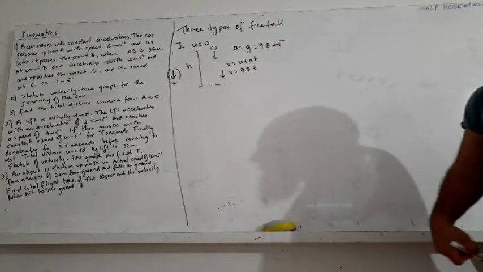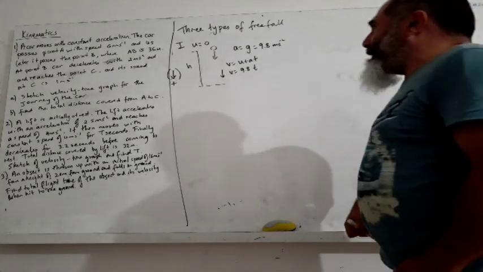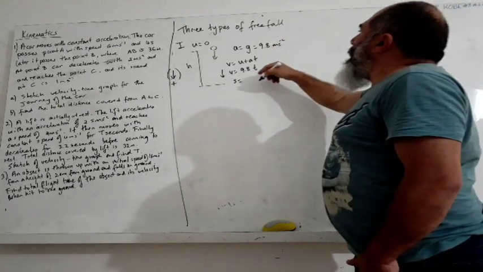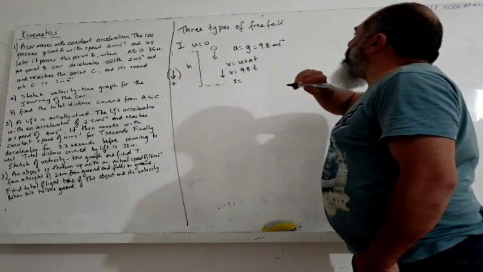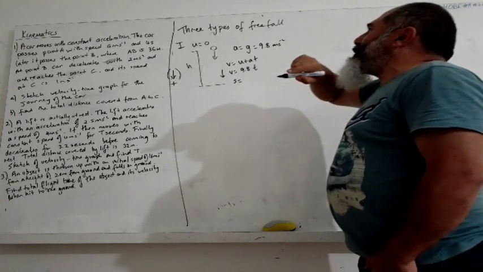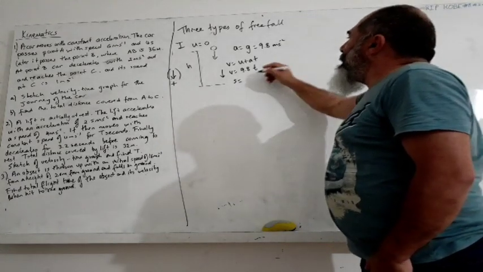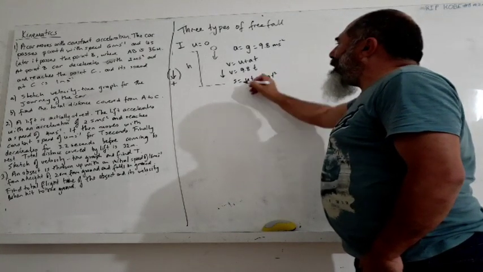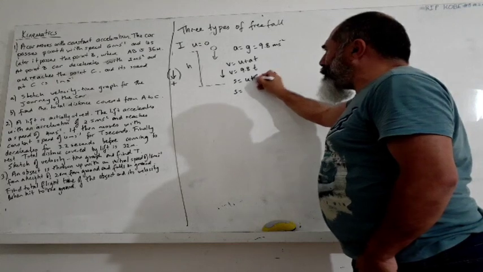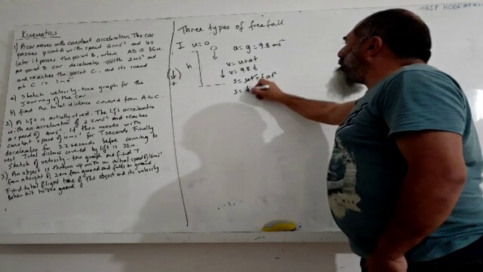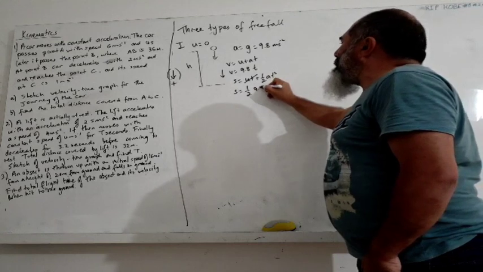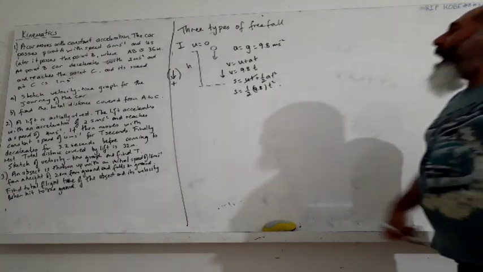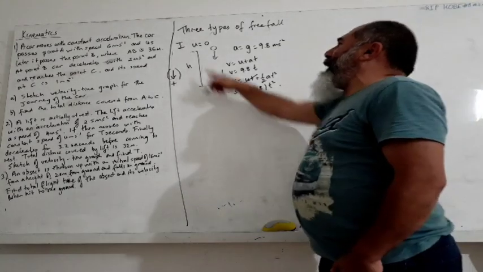This is free fall, the first type, without any initial speed. And s will be ut plus 1 over 2 at squared. Here u is 0, so this one is going to be cancelled out, and we get 1 over 2 times 9.8 times t squared. This is how we find the displacement, actually the height the object falls.